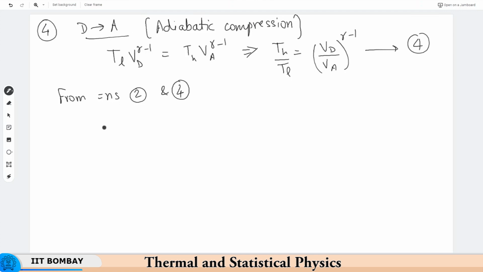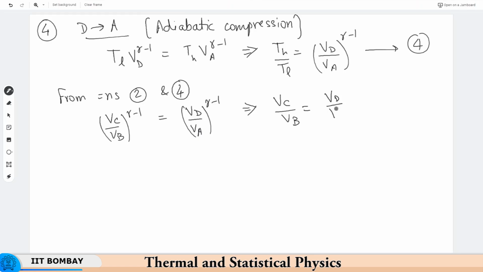Therefore, we can write VC by VB raised to the power gamma minus 1 equals VD by VA raised to the power gamma minus 1, which implies VC by VB equals VD by VA, or I can also write this as VC by VD equals VB by VA.